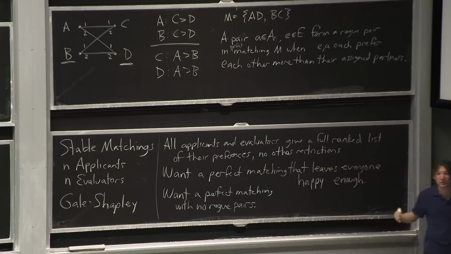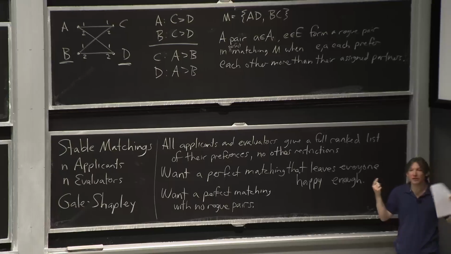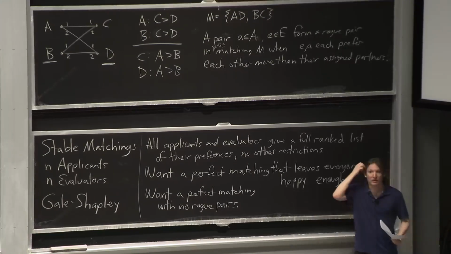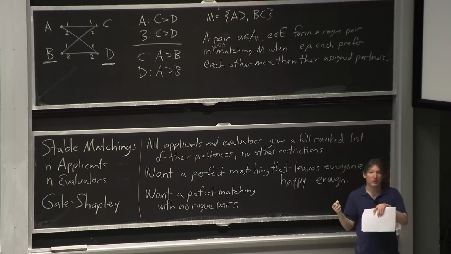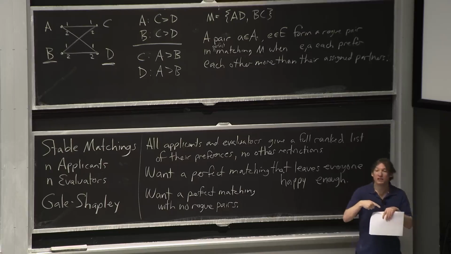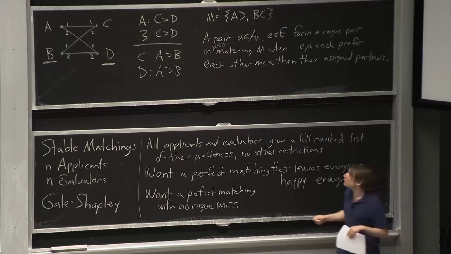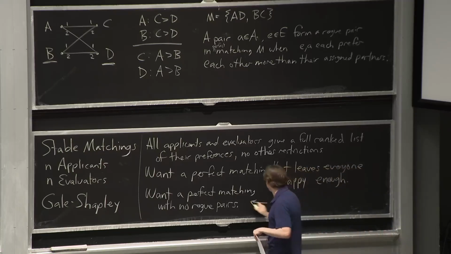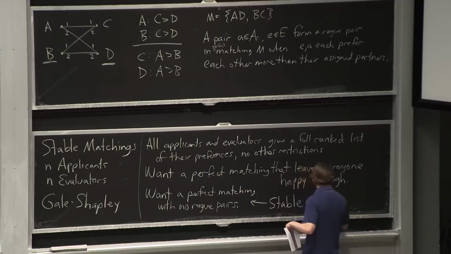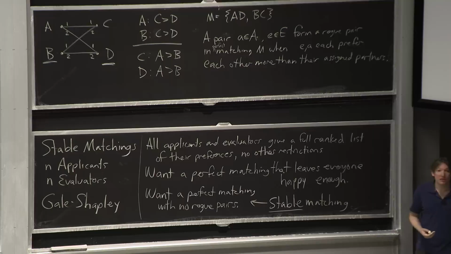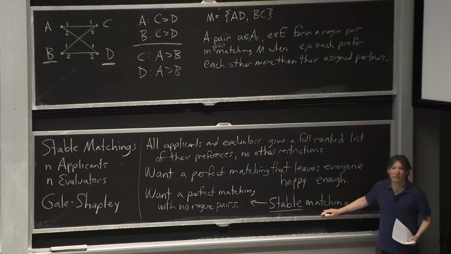So happy enough, we want a matching that makes everyone happy enough that you're never going to get two people running away with each other rather than staying with their own partners. For every pair that you match up, at least one of them prefers to be with the partner they've been assigned than anyone else who would prefer to be with them. Such a matching we call stable. So perfect matching with no rogue pairs is what we mean by a stable matching.